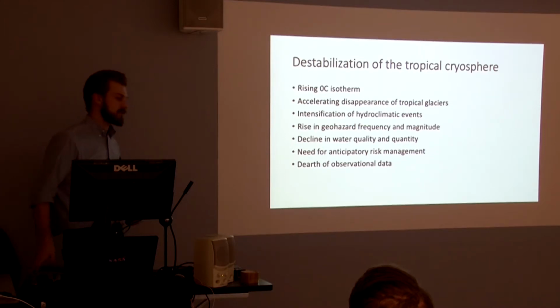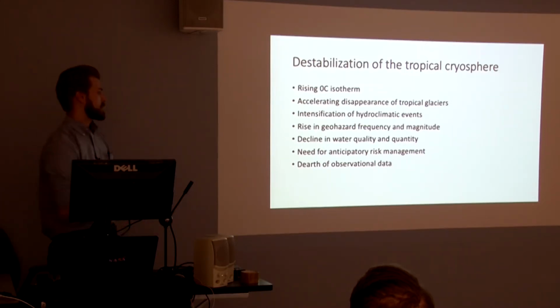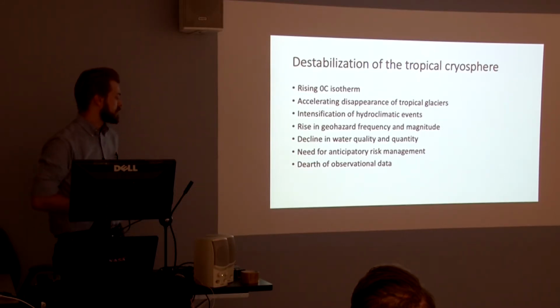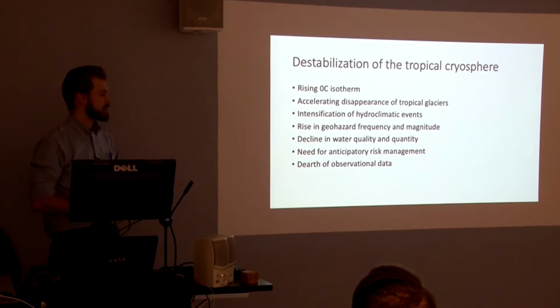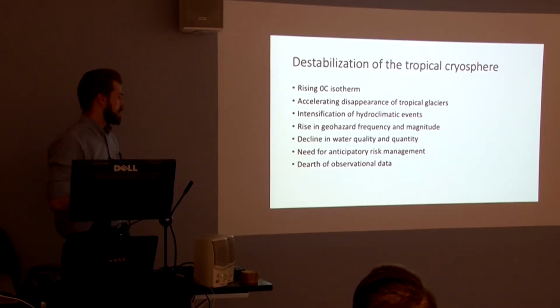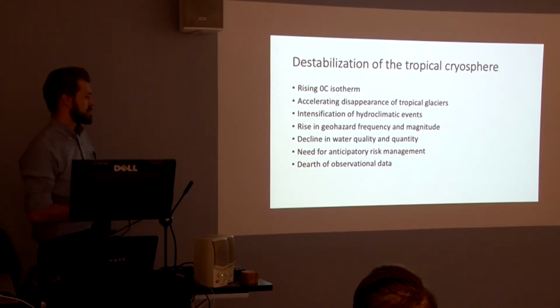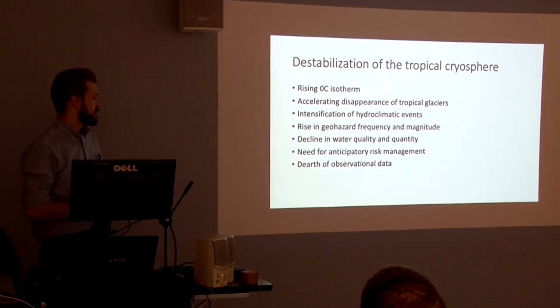Acceleration of the disappearance of these tropical glaciers, intensification of hydroclimatic events, and this is likely going to lead to a rise in geohazard frequency and magnitude, a decline in water quality and quantity, and I would argue a need for anticipatory risk management. And the best way to address that, I think, is to overcome the dearth of observational data that exists, which is a problem endemic to really anywhere with a complex topography.